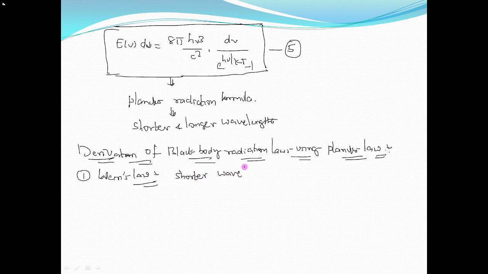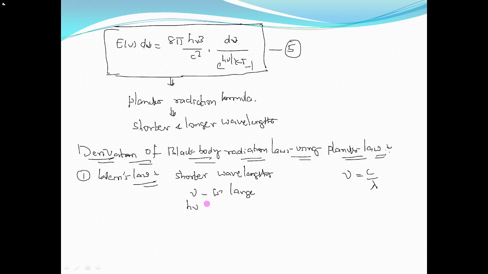Now this expression is in terms of frequency nu. How are frequency and lambda related? Nu is equal to c by lambda, which means frequency is inversely proportional to wavelength. So if wavelength is short, what about frequency? Frequency is large.